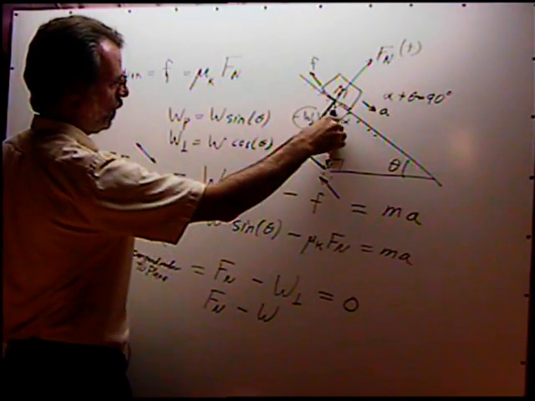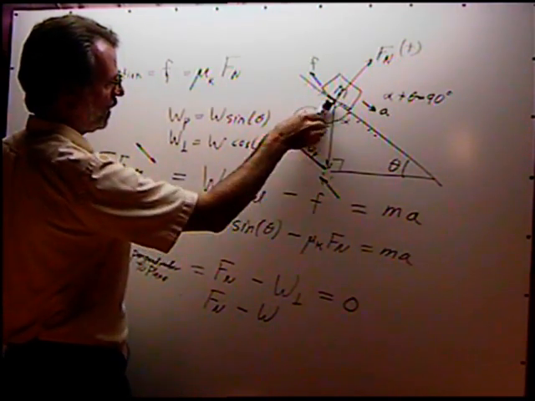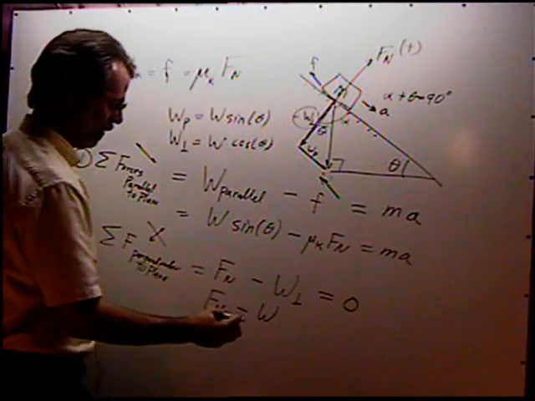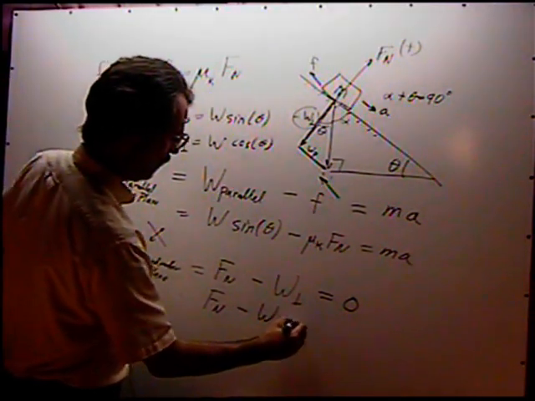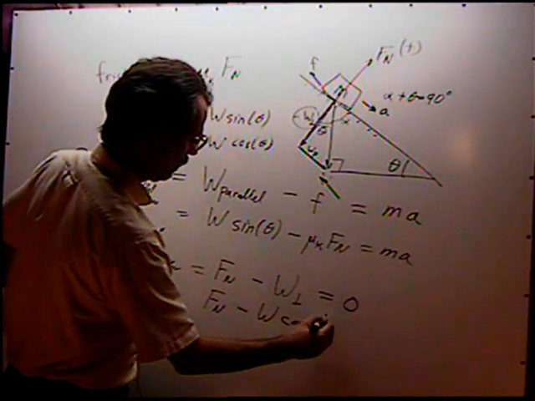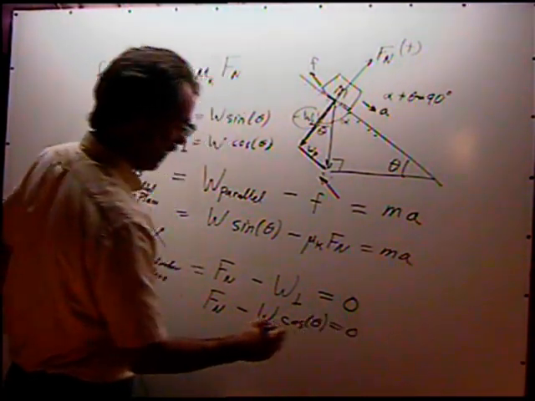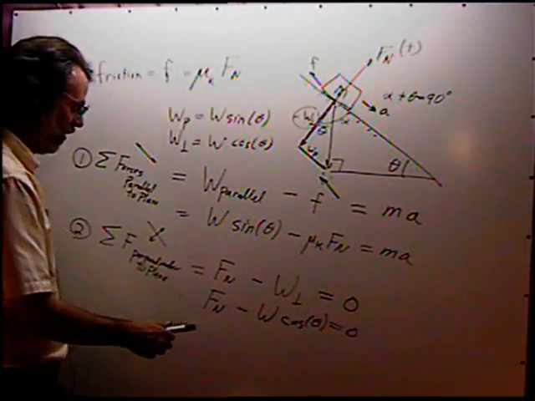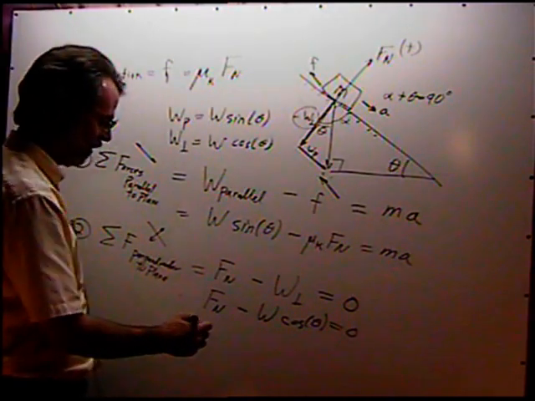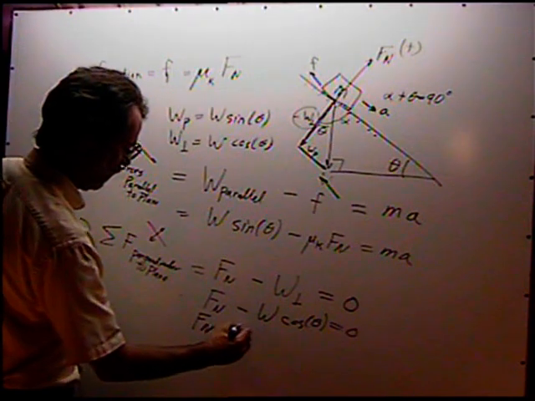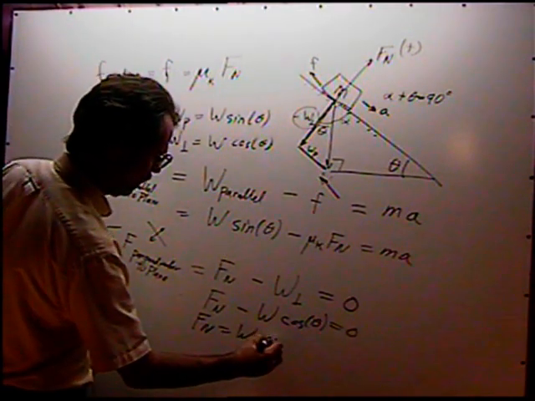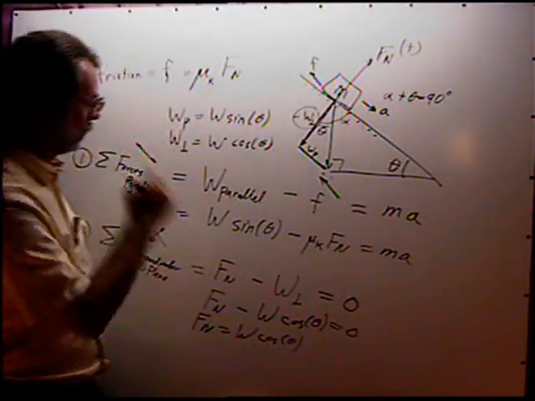So the normal force minus the weight times the cosine of the angle equals 0. It allows us to solve for the normal force. The normal force is therefore, I hope you can see this, the weight times the cosine of the angle.